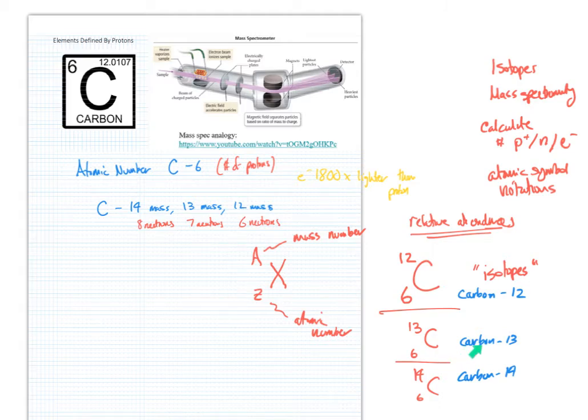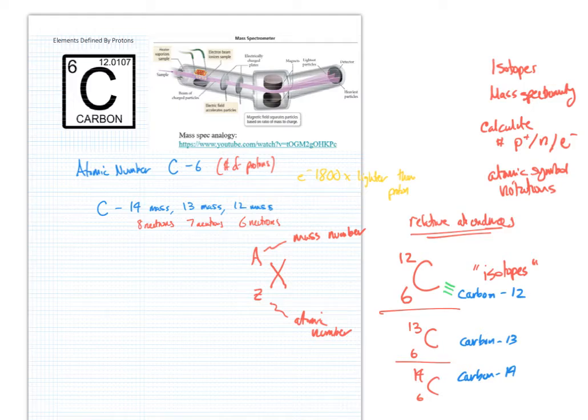Once I tell you that it's carbon, you know that it's 6, or vice versa. If I tell you some element has an atomic number of 6, you know that it's carbon. So our notation is either the element symbol with its numbers, or we could say carbon-12. Those are both saying the exact same thing. Those are equivalent statements to one another, and depending on the context will depend on how it's written.